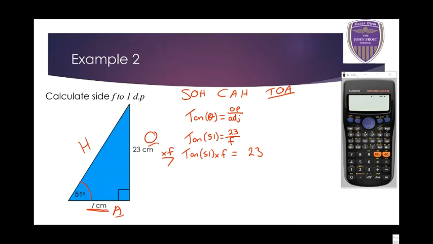I want to get rid of this multiplied by tan 51. So if I divide by tan 51, I will get F equals 23 divided by tan 51.